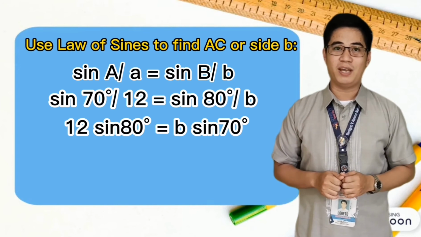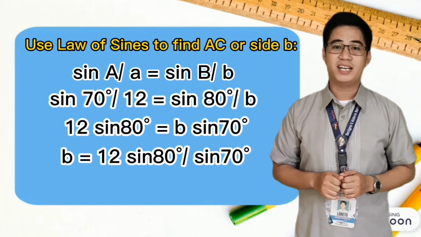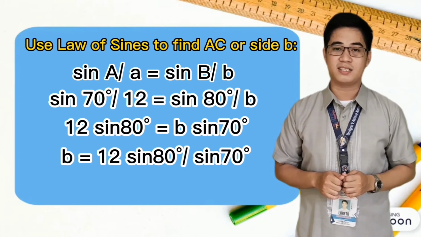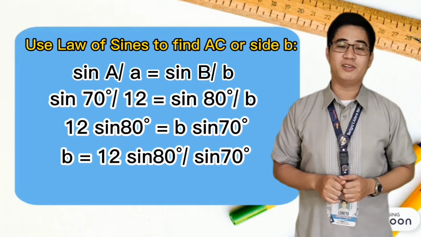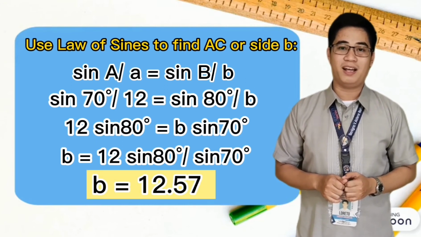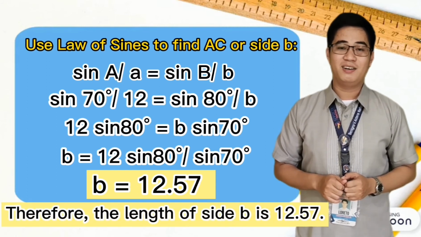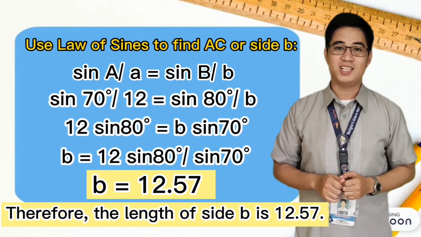Divide both sides of the equation by sine 70 degrees. So we have b is equal to 12 times sine 80 degrees over sine 70 degrees. Compute using your scientific calculator. We have b is equal to 12.57. Therefore, the length of the side b is 12.57.